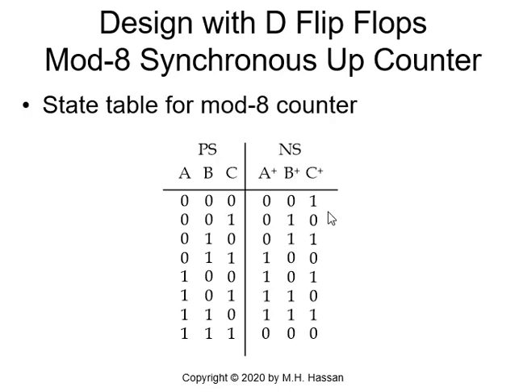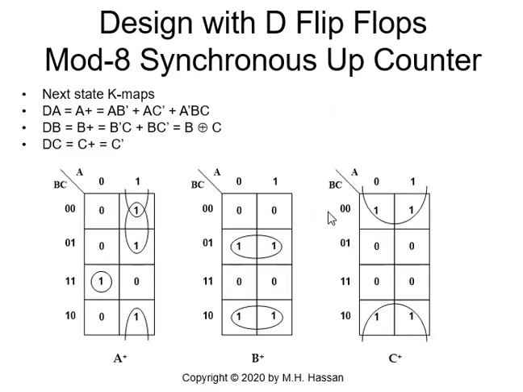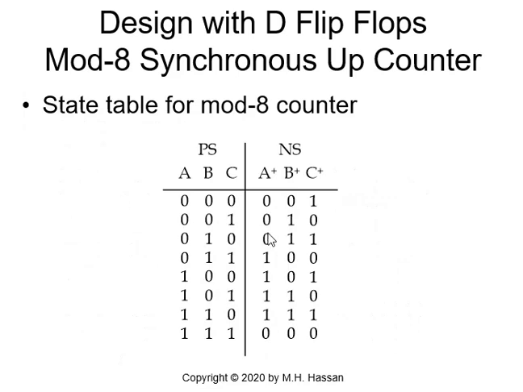Now, once we have the state graph and the state table, we can go and draw the K-map of A plus, B plus, and C plus. So we have A, B, C, and the A plus is 0, 0, 0, 1, 1, 1, 1, 0.